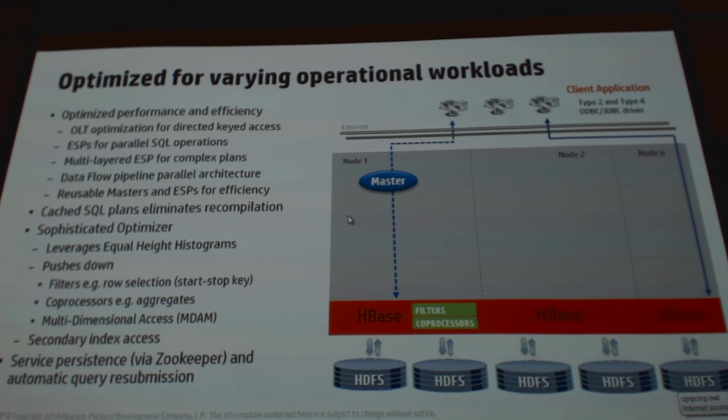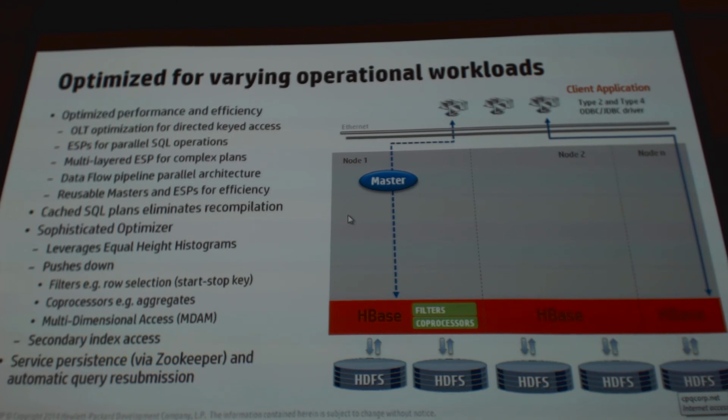The way we have done that is we've got a data flow architecture to accommodate very large data flows coming in, where you have complex queries and large data sets. But when you have to do short queries, keyed access, OLTP-type transactions on a small subset of rows, we have a fast-path OLTP optimization. We don't go through the whole data flow. The master just accesses a row or a few rows directly, and it's pretty quick in and out.